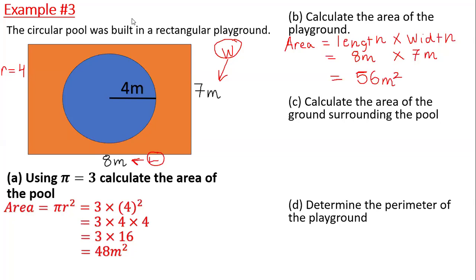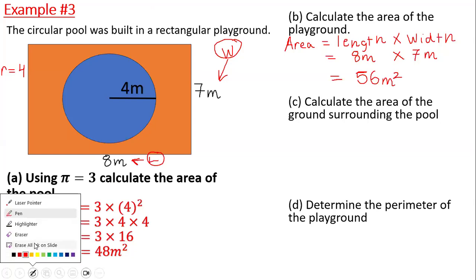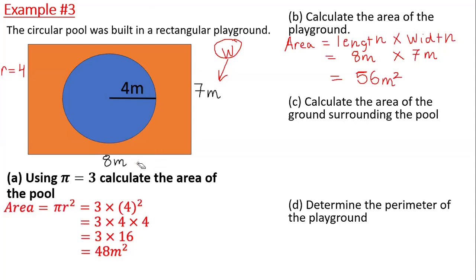Yes, sir. Okay. Now we want the area of the ground surrounding the pool. Do you remember how to do that? What are we gonna do? Subtract the area of the circle from the area of the rectangle. Very good.